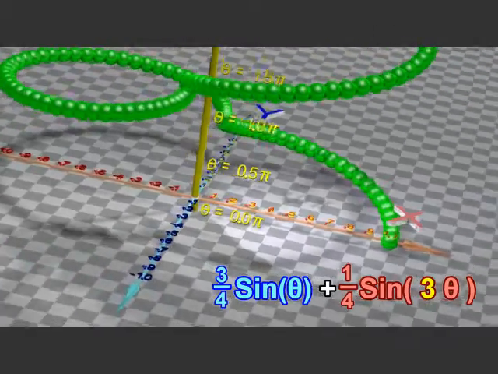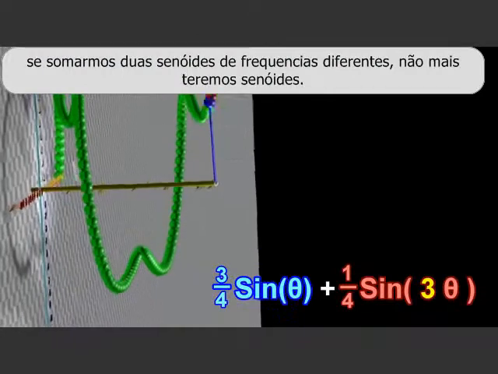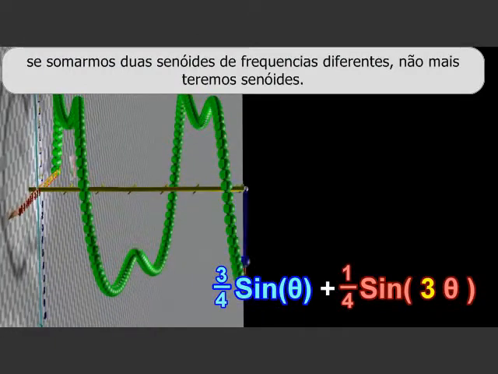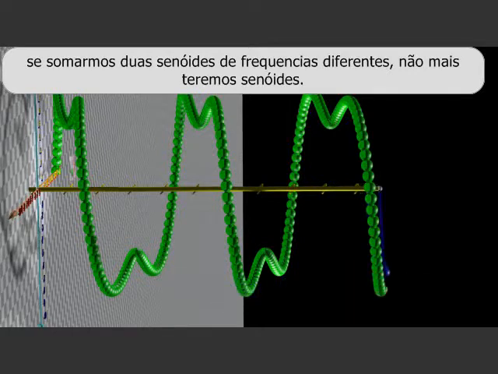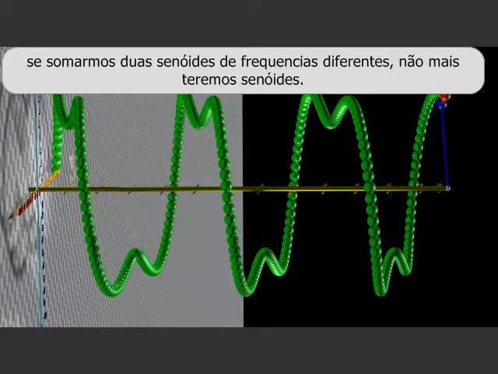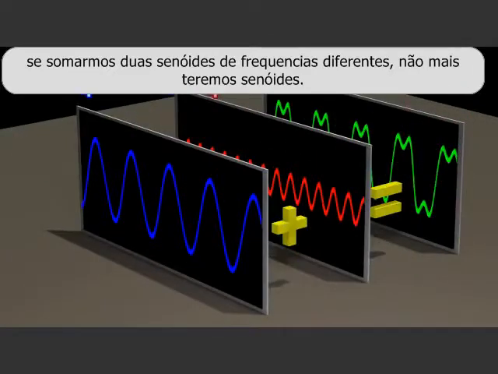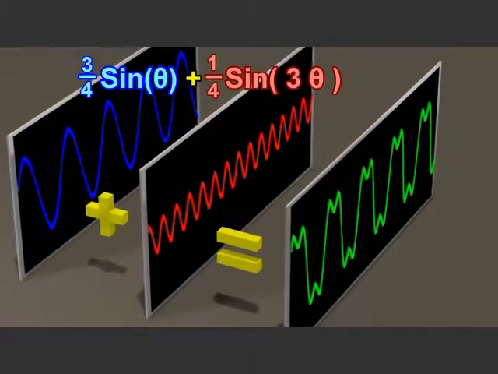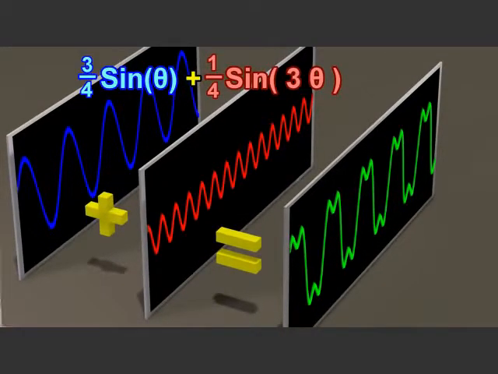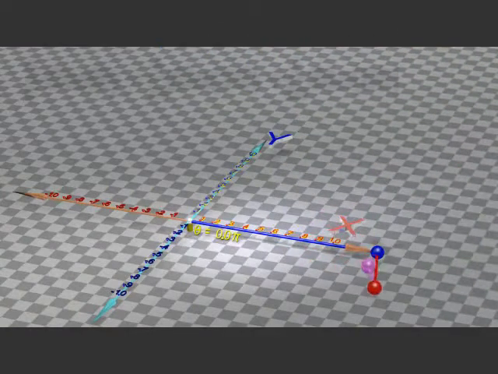If we add together sine waves of different frequencies, then the resultant waveform is no longer a sine wave. We can add together 3 sine waves.